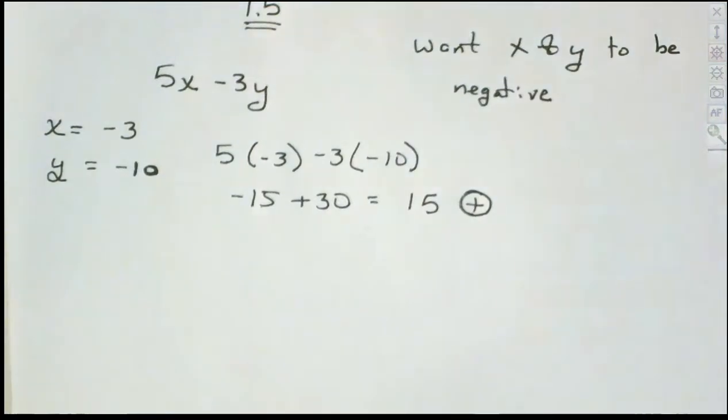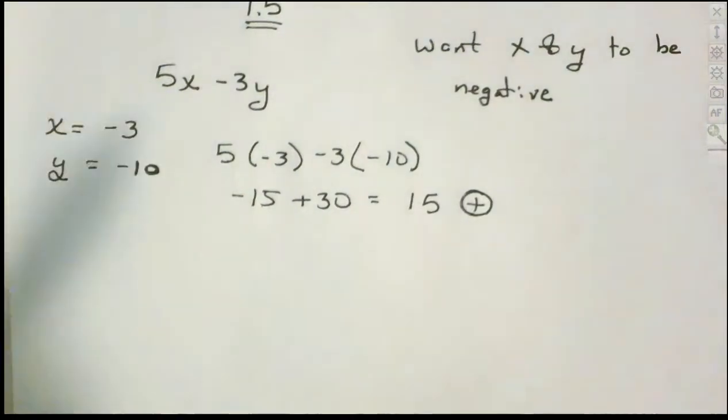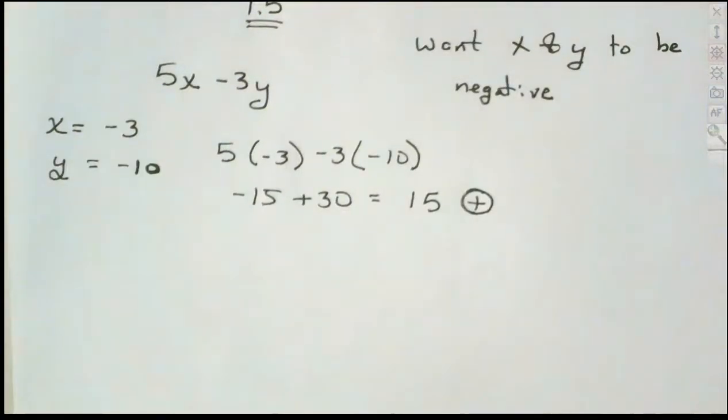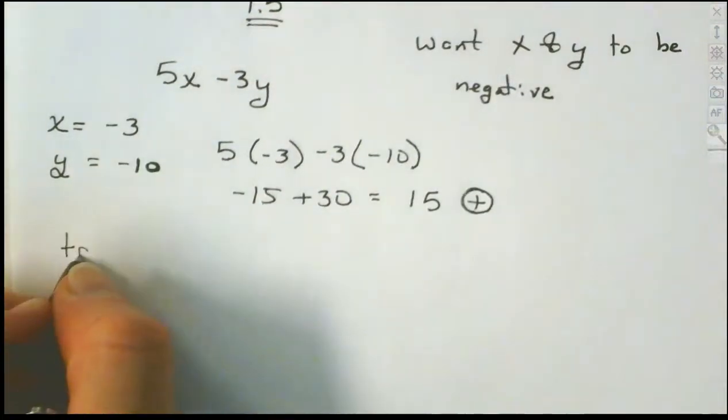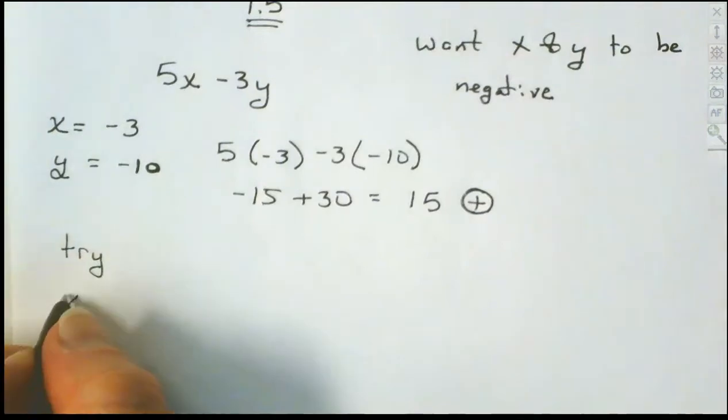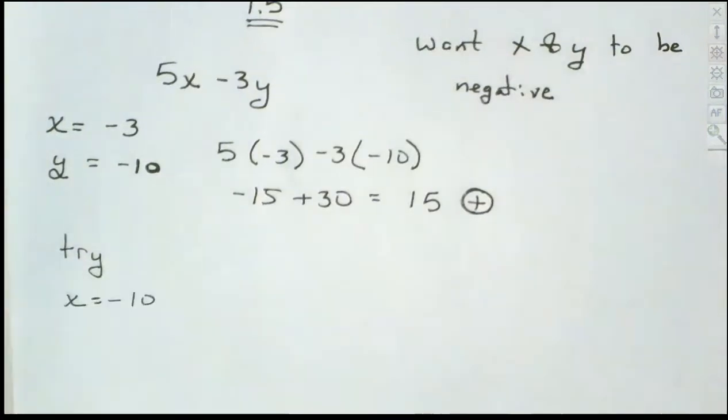So let's try switching them around. So that was when x was negative 3, y was negative 10. Now let's try x is negative 10, y is going to be the negative 3. And let's see if we get the same result or we get a different result.